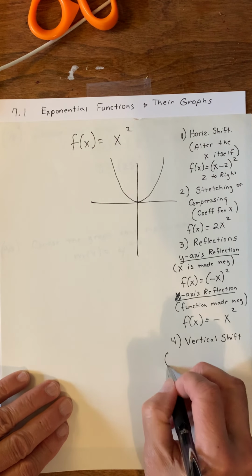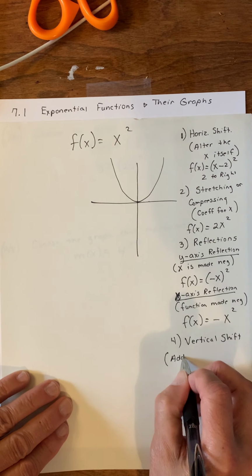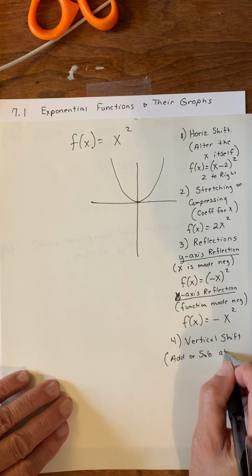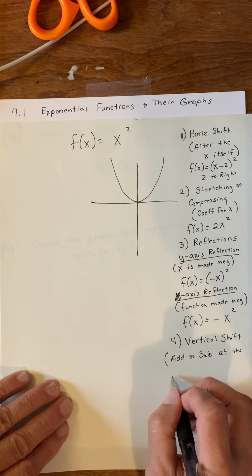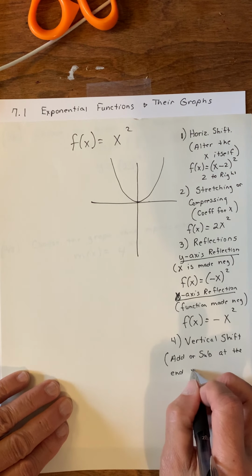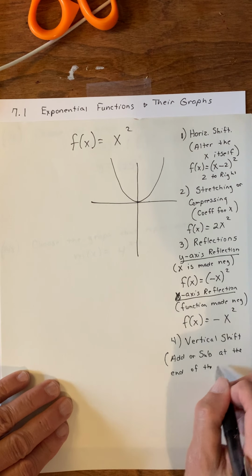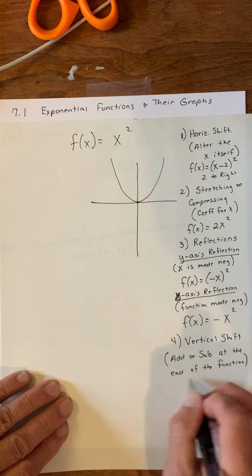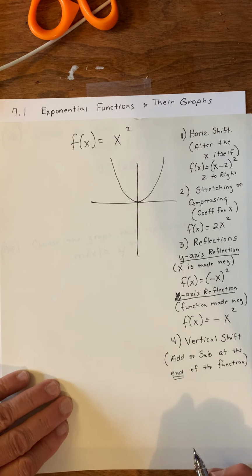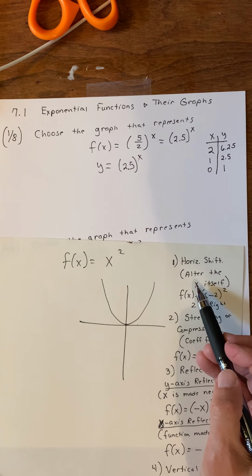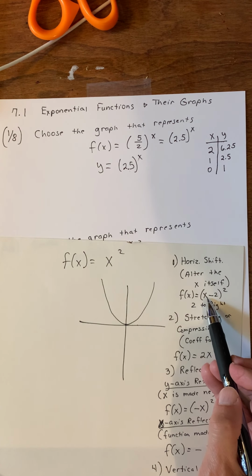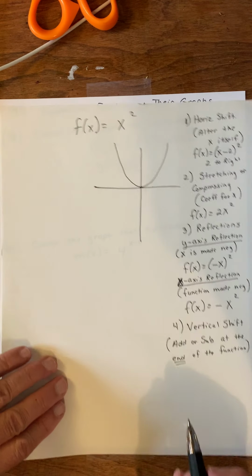And that happens when I add or subtract at the end of the function. End of the function is the key part. Horizontal shift, I alter the x itself. I add something to what's being squared, or I subtract something from what's being squared.